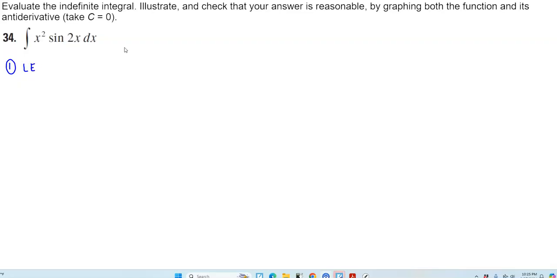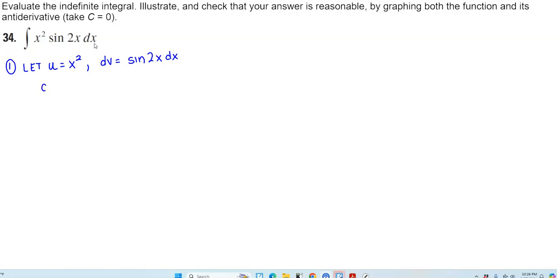So we're going to let u of the integral of x squared sine of 2x dx. We're going to let u equal x squared, and dv is going to equal the sine of 2x dx.